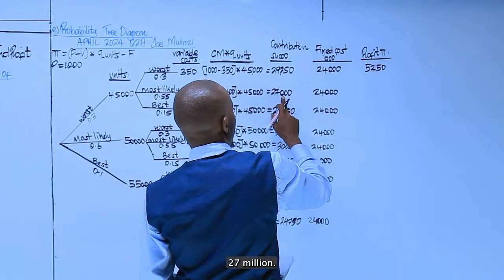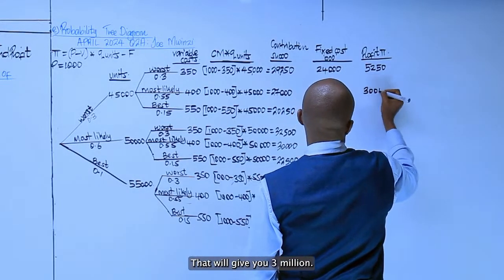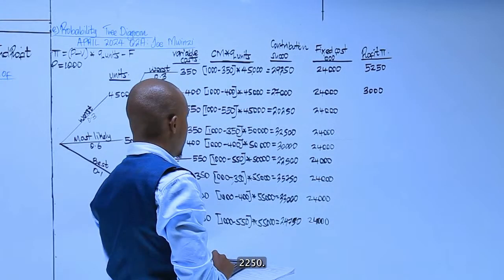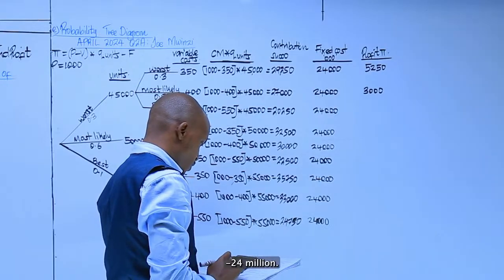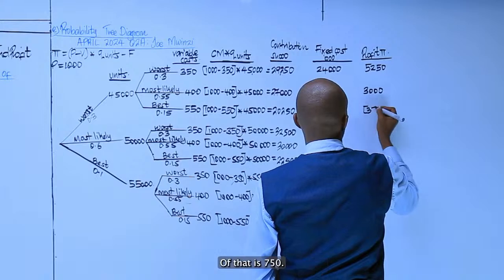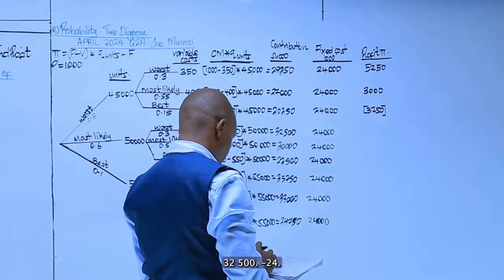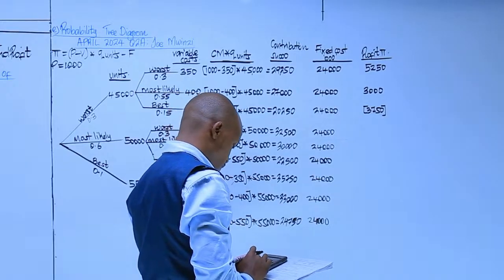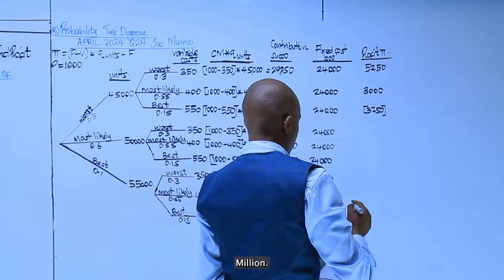27 million minus 24 million will give you 3 million. 22.50 minus 24 million will give you a negative profit of 37.50. 32,500 minus 24 million is 8,500.